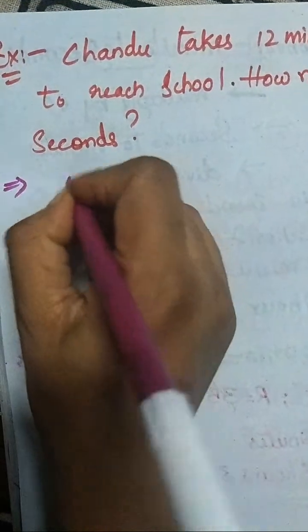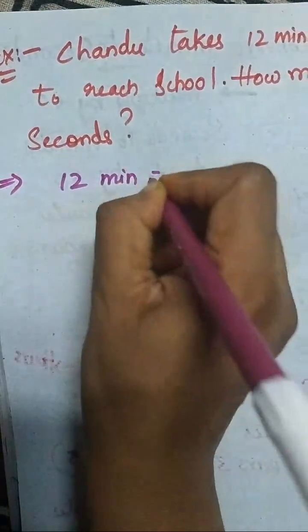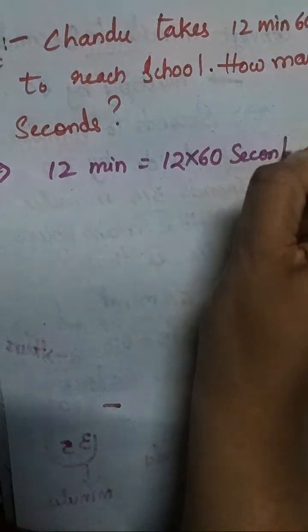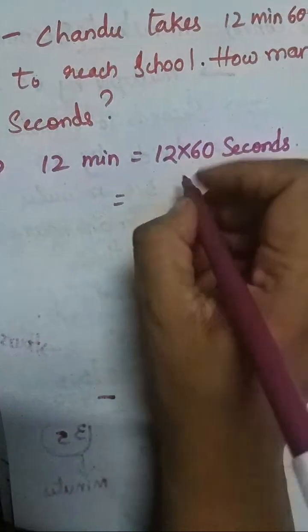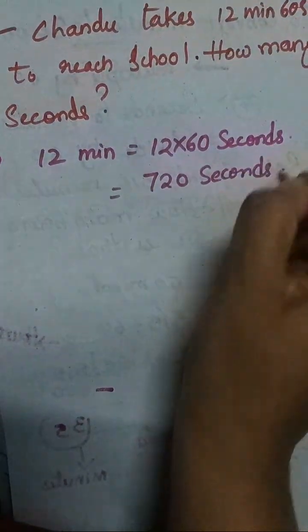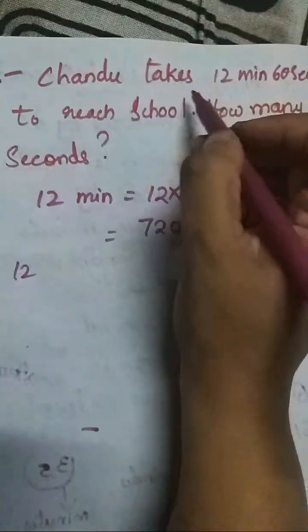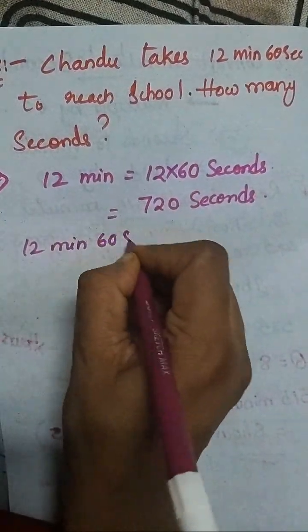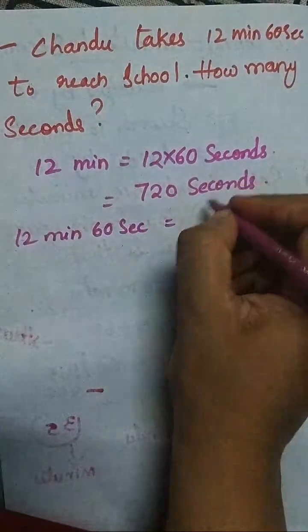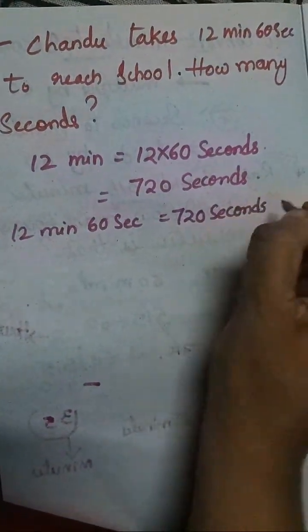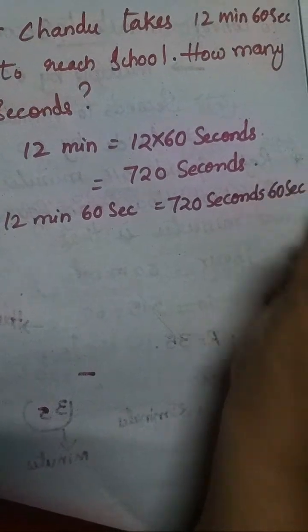Given is 12 minutes, equal to 12 into 60 seconds. We have to convert, no? So 720 seconds. Now the question is 12 minutes 60 seconds. 12 minutes means 720 seconds we have converted, and 60 seconds.